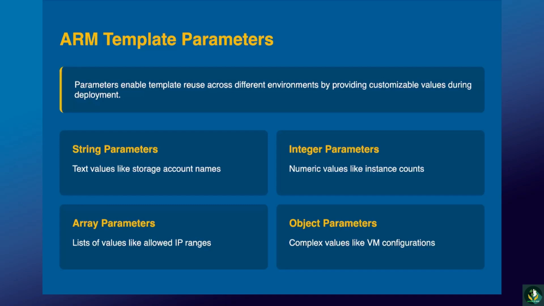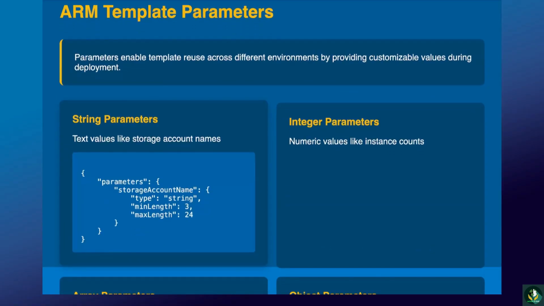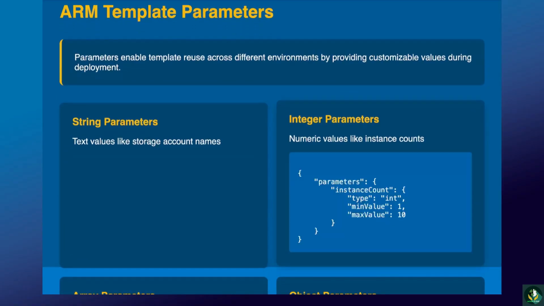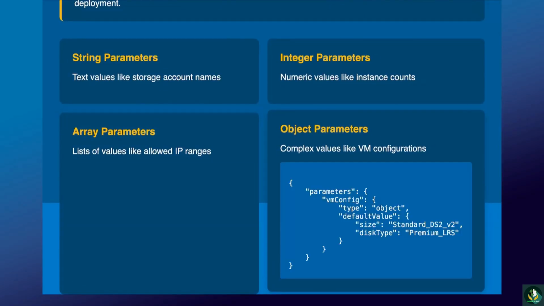So when configuring parameters, you define their type first off, and you also define allowed values and default settings. Azure supports various parameter types, including string parameters, as you can see in this example, integer parameters, array parameters, and object parameters. These parameter types serve specific purposes in your template configuration.